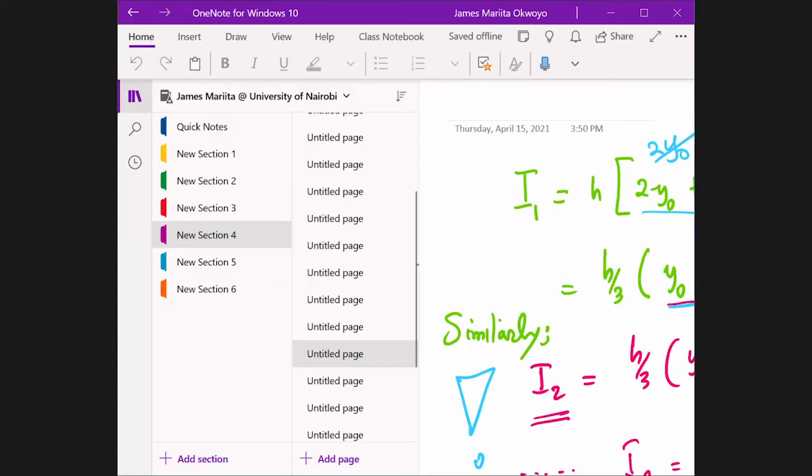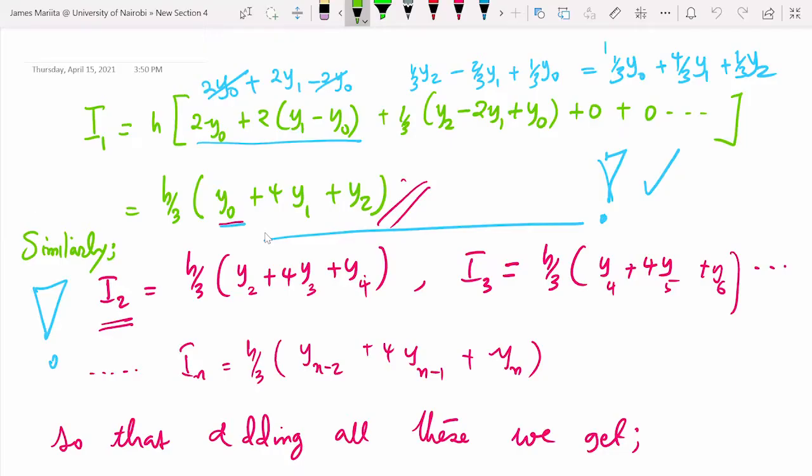This is what we have for the first evaluation of the integral. We'll get h over 3 (y0 plus 4y1 plus y2) when you evaluate that integral.